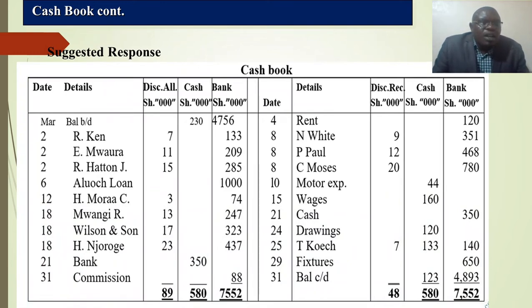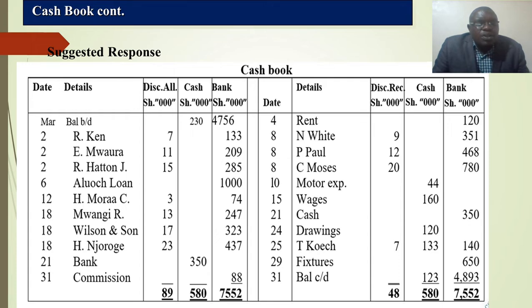So we have that. So the three-column cash book will be showing the amount received, and then the amount paid. So it will have two columns, the debit side and the credit side, just like the two-column cash book.